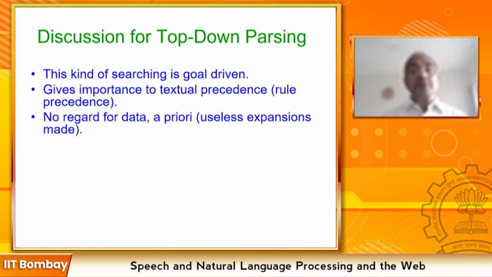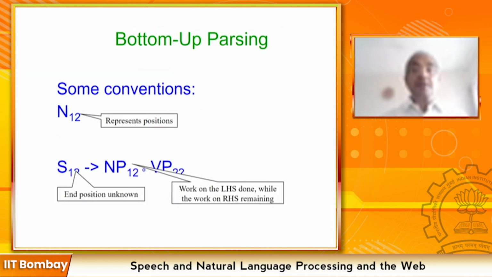And this is top down: you go from the sentence symbol to the whole sentence. Bottom-up parsing is the opposite, and we have some convention. We have a non-terminal with a lower suffix indicating two positions. N 1,2 means there is a noun between position number 1 and 2.